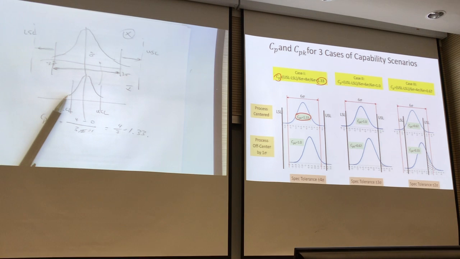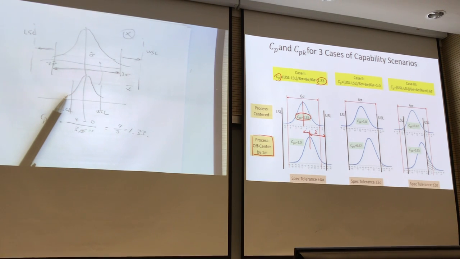Now, say the process mean has moved by 1 sigma. From 0 to 1, we move 1 sigma away. Originally this was 4, so now this is 3, and the natural process spread is still the same.